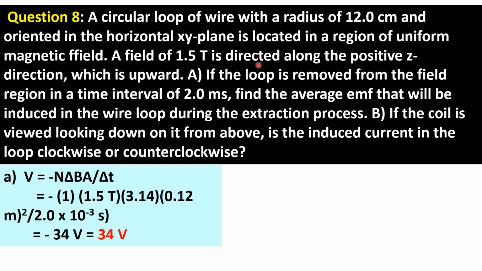What was given is 2.0 milliseconds, so that's equivalent to 2.0 times 10 to the power negative 3 seconds. If you do your algebra, you will get this value for the induced EMF, negative 34 volts. But if you are just after the amount of voltage induced, we say that it is equal to 34 volts.